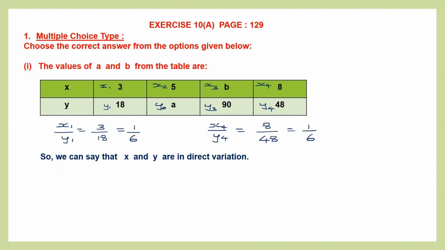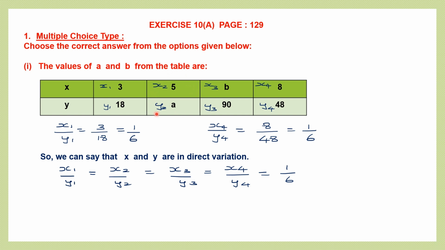That means the quantities given to us, that is x1 by y1, will be equal to x2 by y2. This will be equal to x3 by y3, and this is equal to x4 by y4, and all these are equal to 1 by 6, which is a constant.